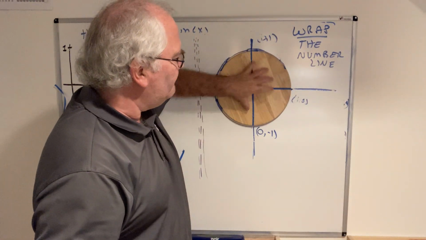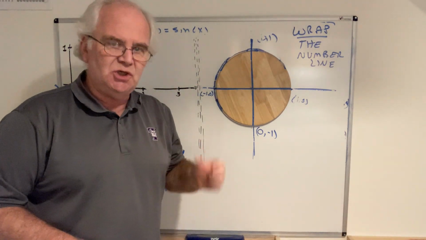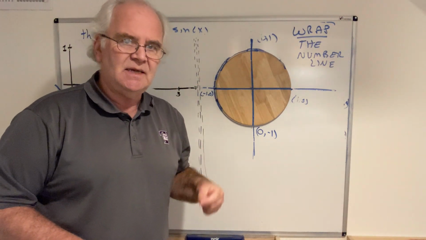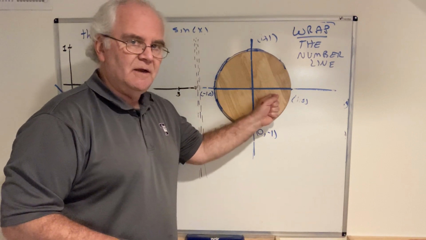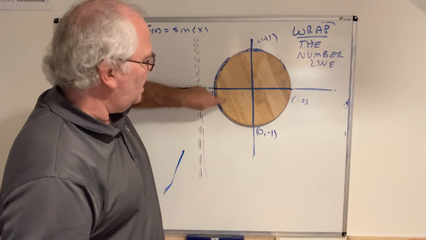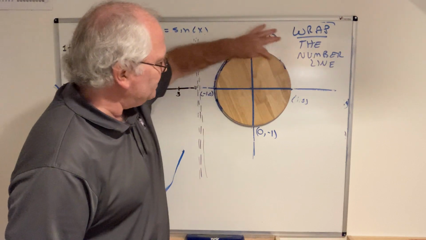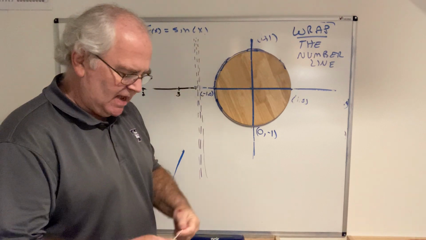What is the circumference of this circle? This is the unit circle. We know the circumference of the circle is 2 times pi times r. But r is 1. So 2 times pi times 1, the circumference of this circle is precisely 2 pi, which means half the circumference is precisely pi.